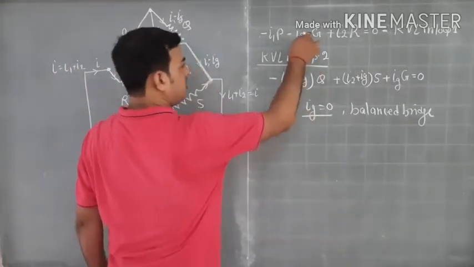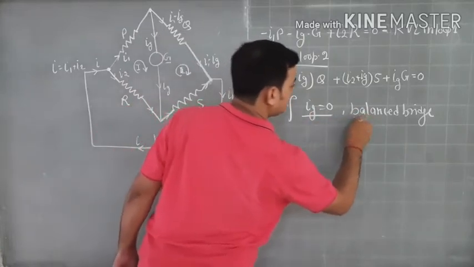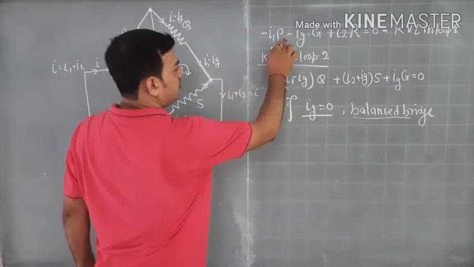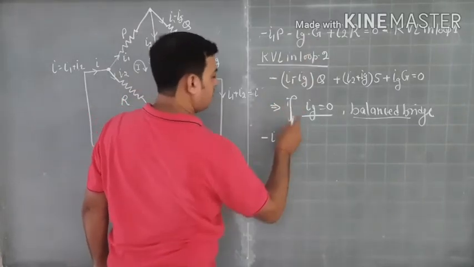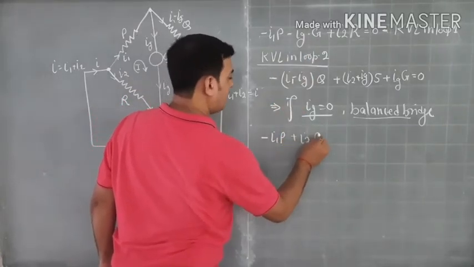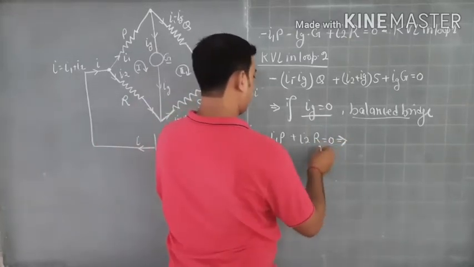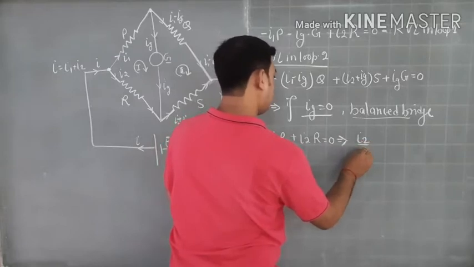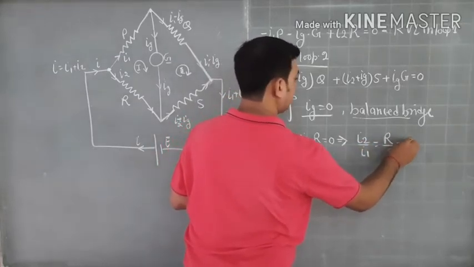So if you put this in these equations, I am just solving it for the balance condition. This first equation will become minus I1P, this will become 0, plus I2R, and that is equal to 0. And if I further simplify it, I will get I2 by I1 as R by P. This is my equation number 3.